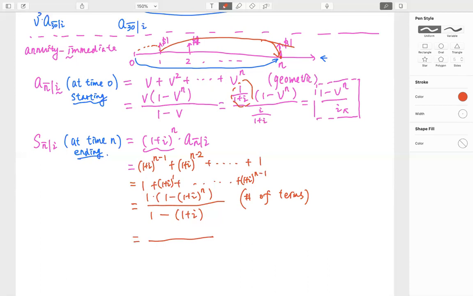Then I get 1 plus i to the nth minus 1. So if I want, I can factor out this 1 plus i to the nth. Then on top, I have 1 minus v to the n divided by i. Exactly what I would expect, right? So it really, really helps when you write down the steps.